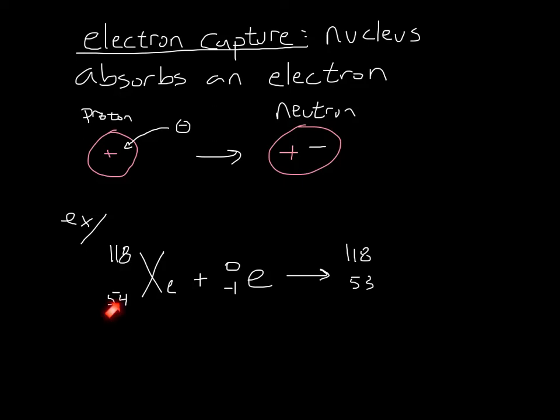We can see this as 54 plus negative 1 equals 53, and 118 plus 0 equals 118. The element that has 53 protons would be iodine. Alright, that's it. Those are all the different types of decay that we're going to talk about. In the next video, we'll talk about why atoms do this and how to predict what type of decay is going to occur.